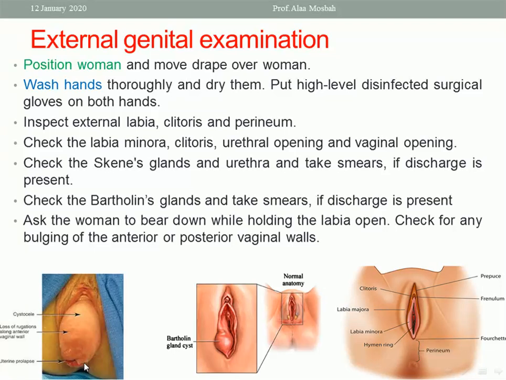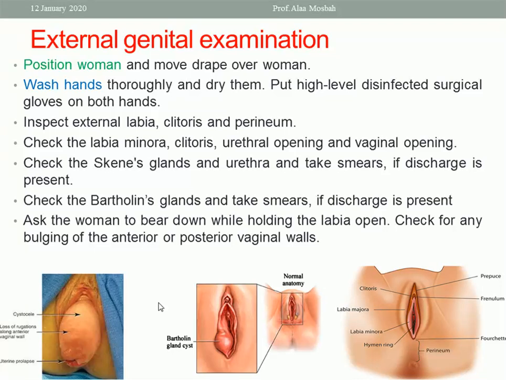It is called rectocele. Also, in case of stress incontinence, when you ask the patient to cough or strain, a spurt of urine will come out of the external urethral meatus, and this is called a positive test for stress incontinence.